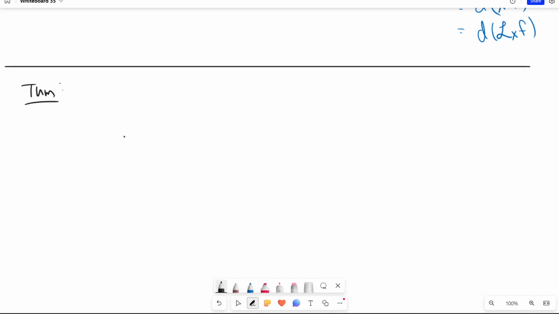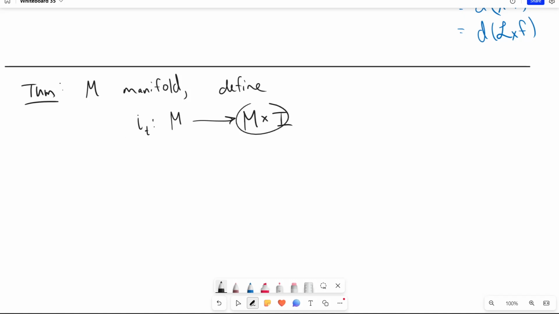Let M be a manifold, and we're going to define this map i_t, from M to M times I. So it's a homotopy into this product, which sends x to (x, t).